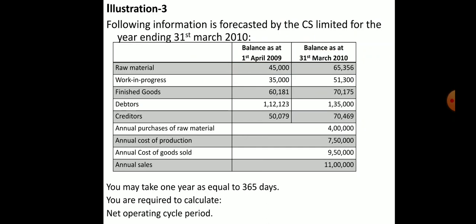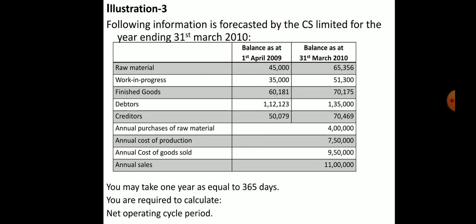They have given annual purchases of raw material, the total purchases, and additional purchases. For cost of production, from this table, meaning cost of goods sold, first we find raw material consumed, next cost of production, next cost of goods sold. These three things we calculate in the calculation of cost of goods sold.